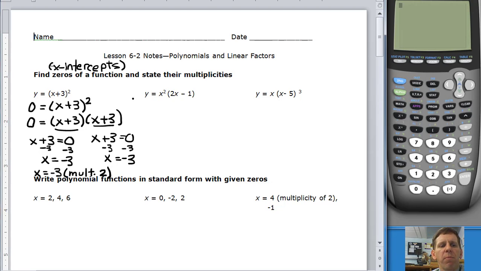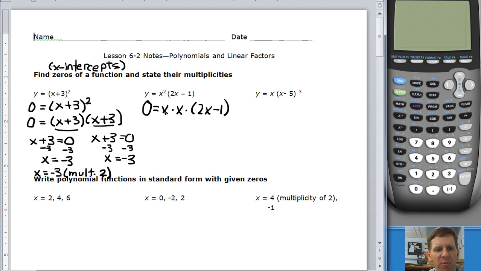For the second problem, finding the zeros, again, we're going to plug in 0 for y. Like we did last time, if we have any powers, we're going to write them out. So x squared means x times x, and then 2x minus 1. If we're multiplying these things together, either this equals 0 or 2x minus 1 equals 0.